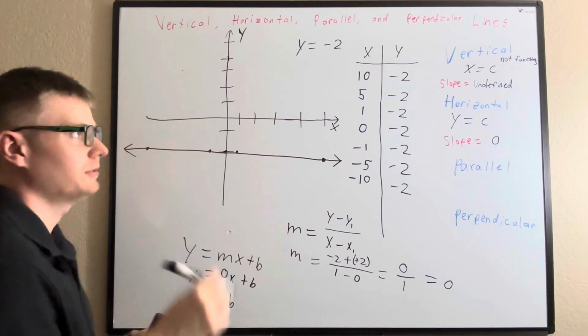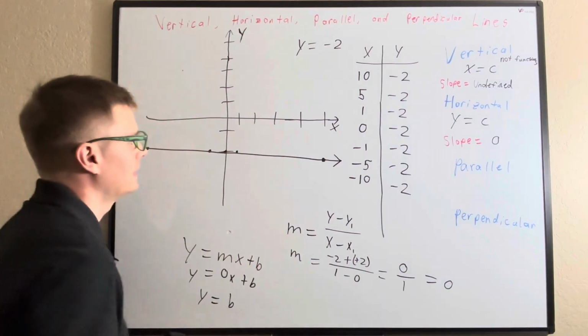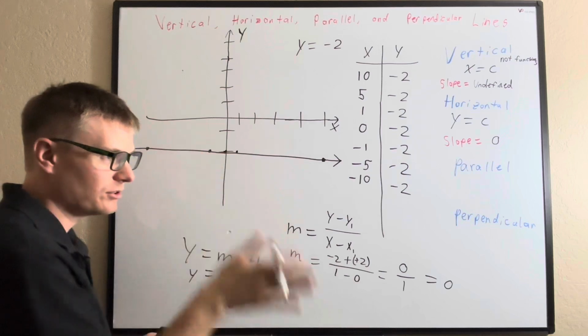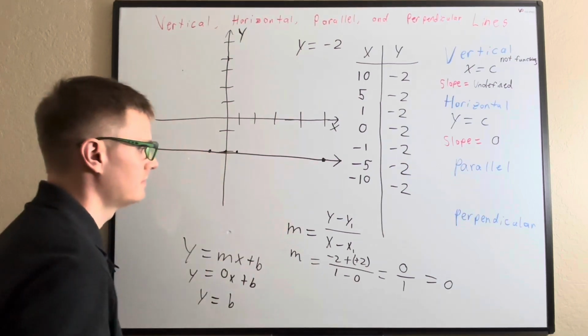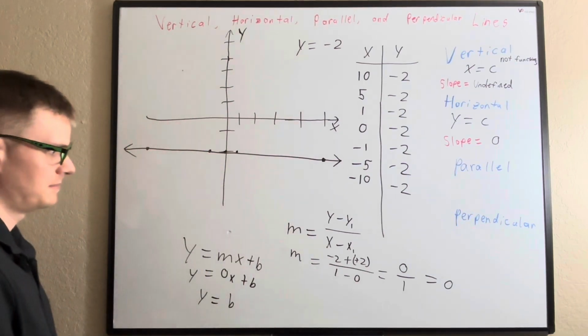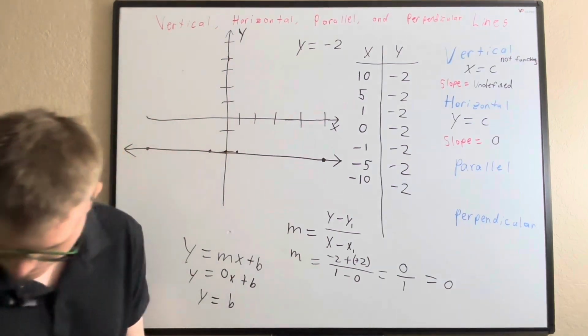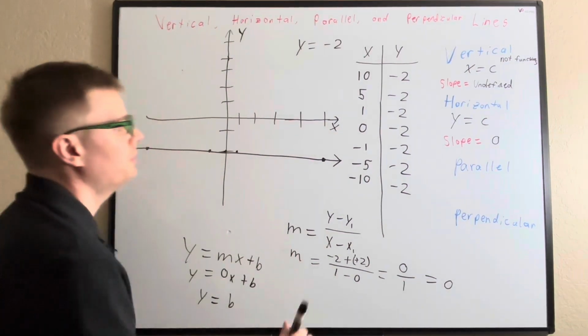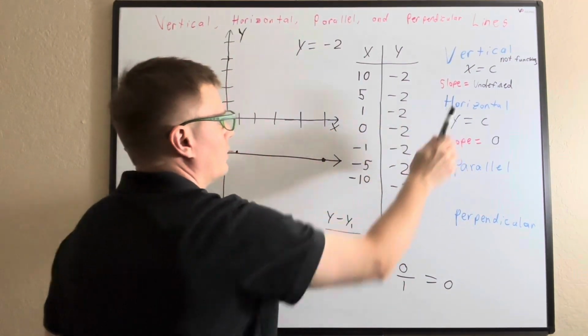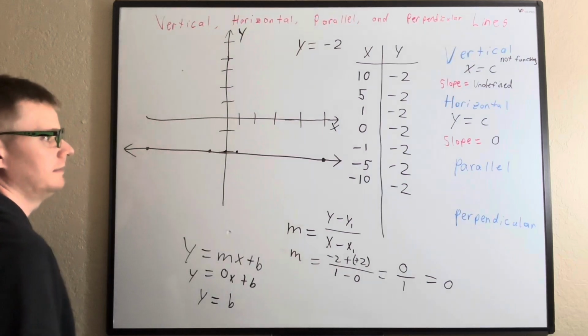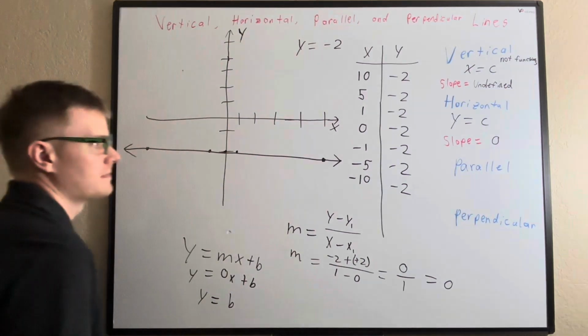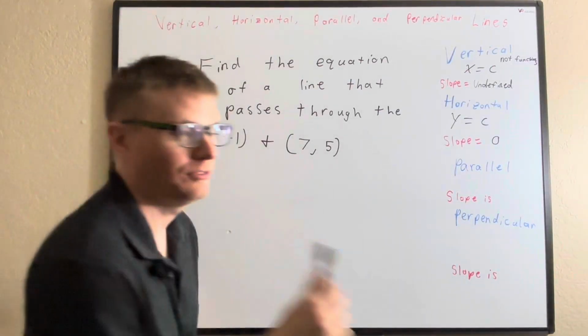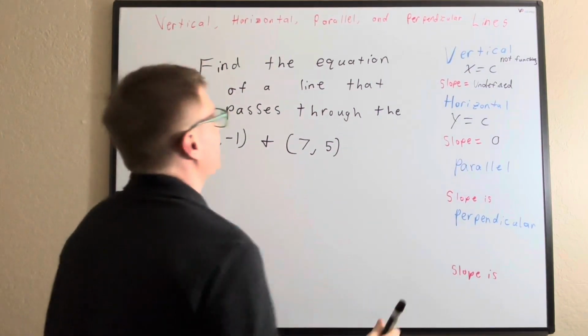I wish I had something to remember what vertical means, but as long as I remember what horizontal means and the vertical is the opposite, I'm good. So slope is always 0 for a horizontal line.